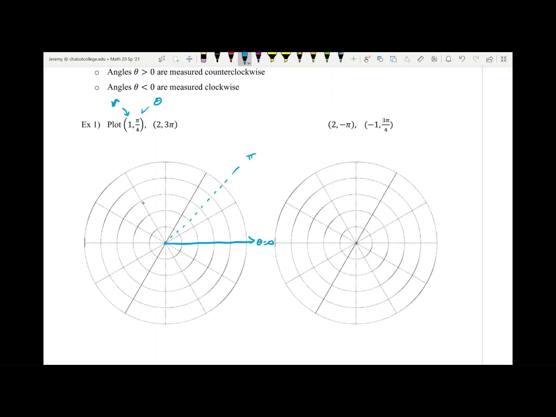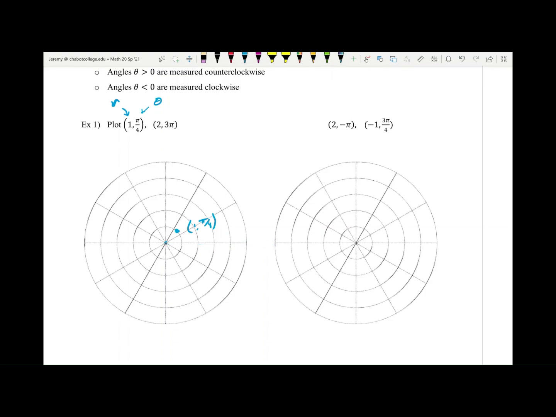I know that this ordered pair is going to be on that line there, just a distance of 1 from the pole. So that's going to give me this ordered pair right there. I'll label that. That's the ordered pair 1, pi over 4.